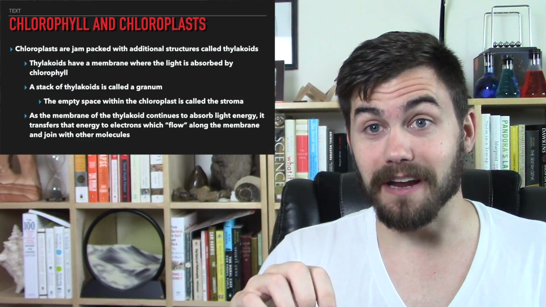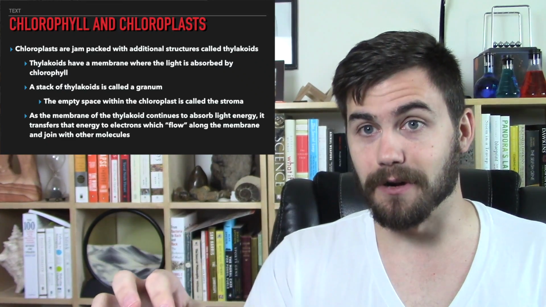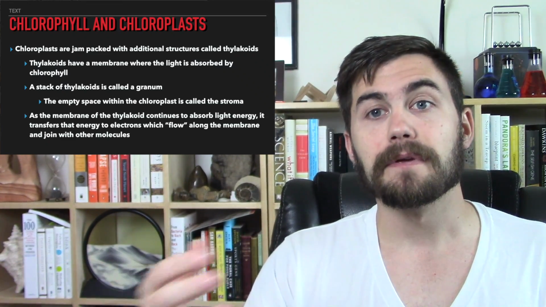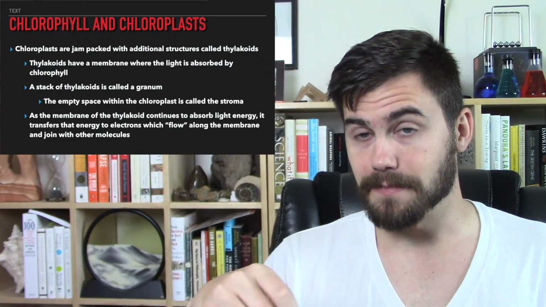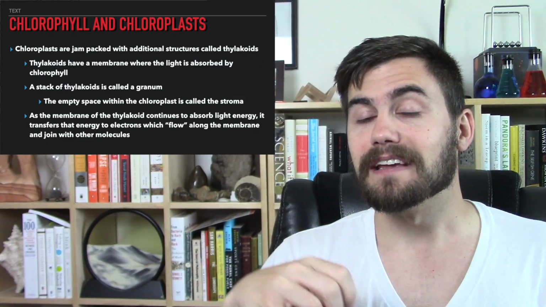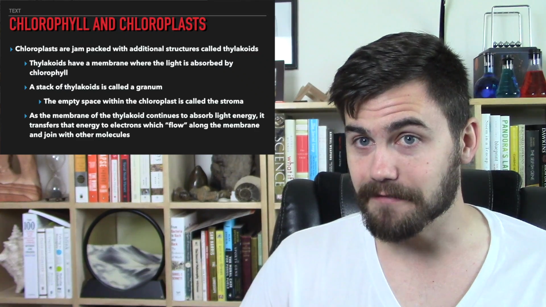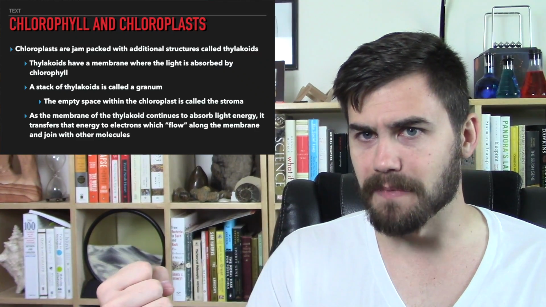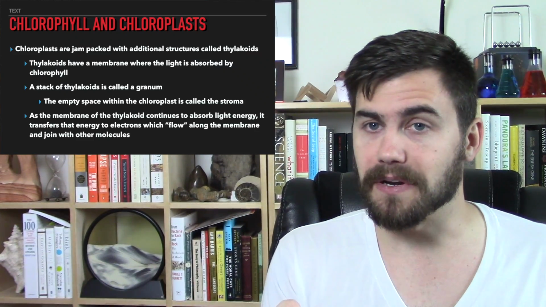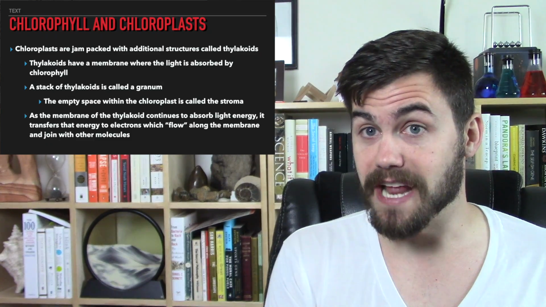What is going on is within that thylakoid membrane, where the chlorophyll is, light energy is absorbed. And that light energy is used to take the water molecule and break it in half, splitting the hydrogen from the oxygen. It also separates the electrons from the hydrogen atoms.